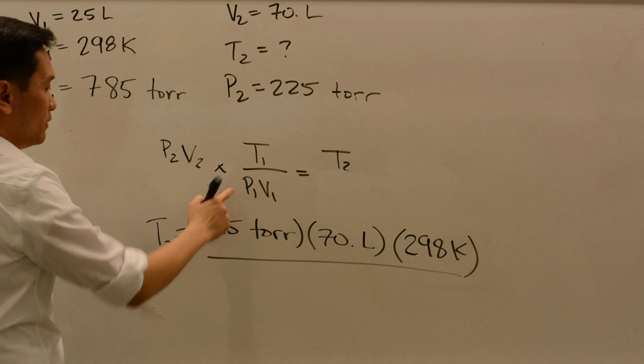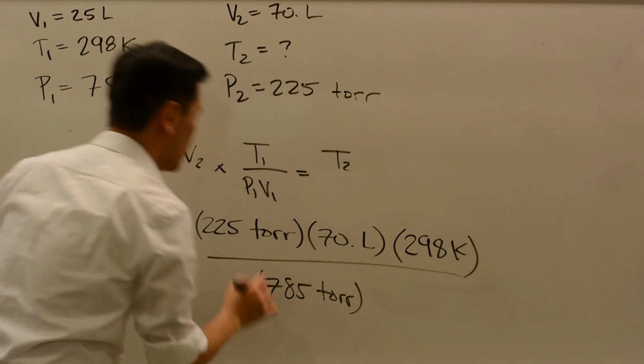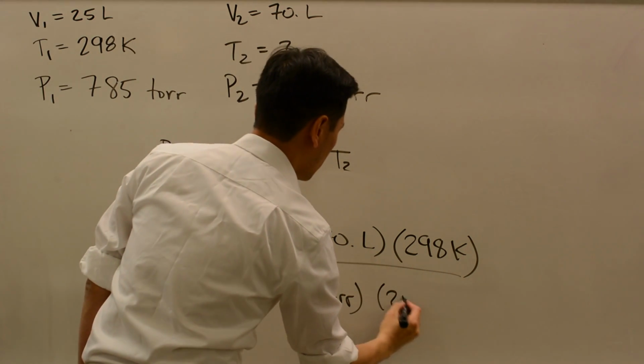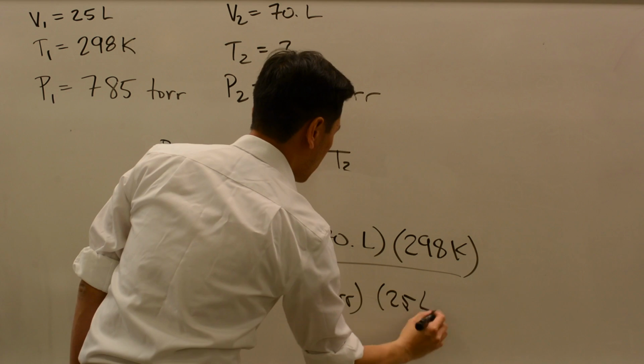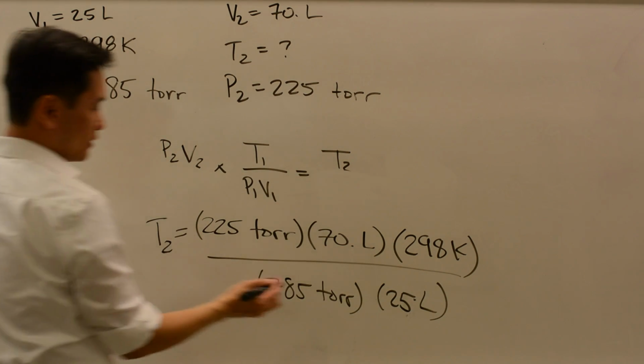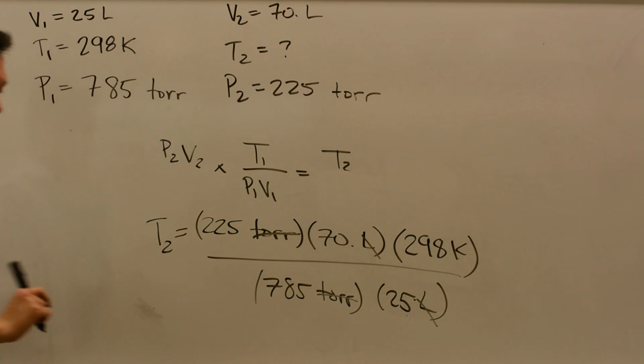P1 is 785 torr. V1 is 25 liters. All right, let's cancel things out. Torr, liters, Kelvin. Temperature is indeed Kelvin.